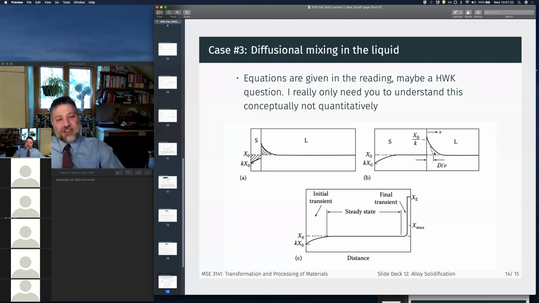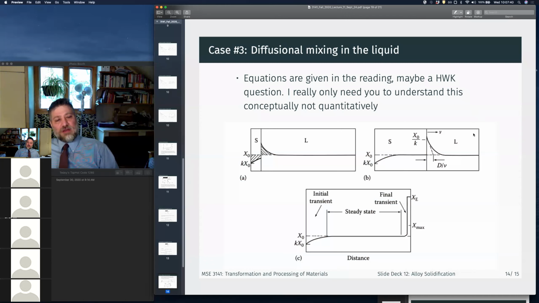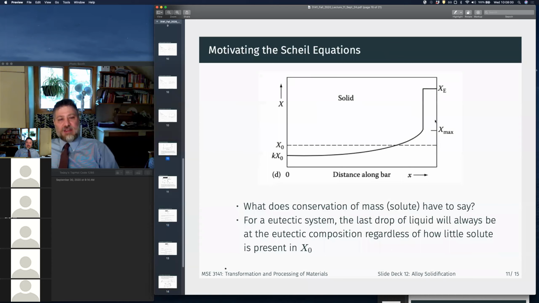You can imagine moving this out, and as this slope reaches the end of the bar, the average composition of our liquid has to keep increasing to keep our mass balance. It will keep increasing until it hits the eutectic composition and then freezes out. Got it. So this last bit here is exactly the same as this last bit in the perfect mixing case.